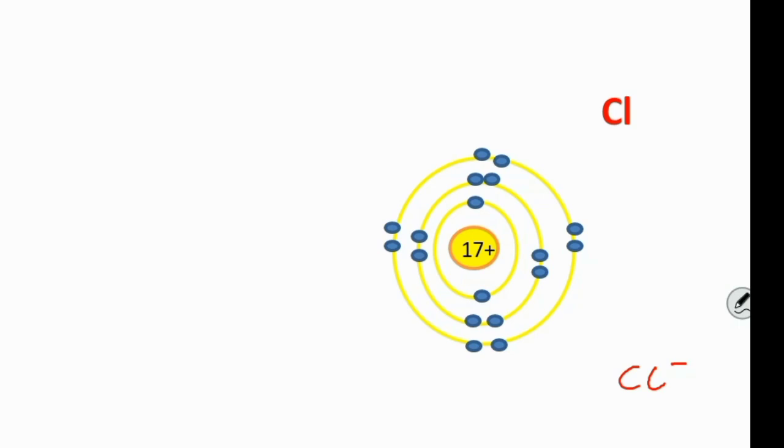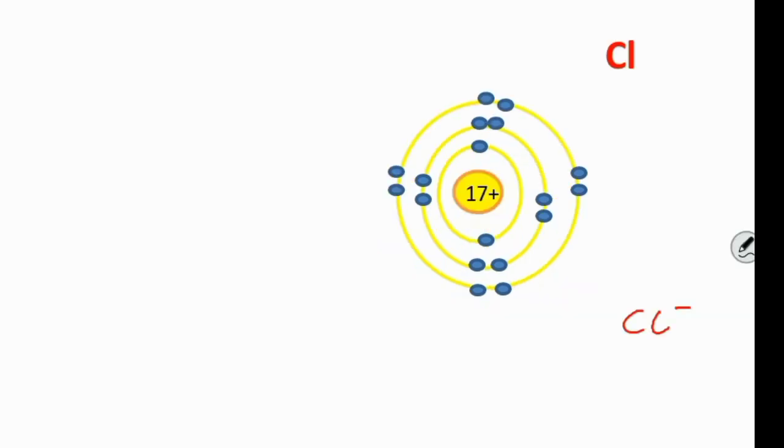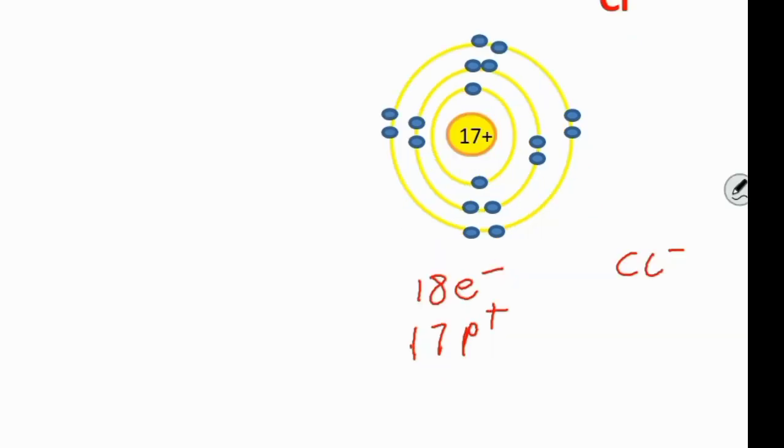The reason is simple: chlorine now has 18 electrons against 17 protons, which is minus 18 plus 17. That gives you a total of minus 1. So it's going to be exhibiting a minus 1 charge.